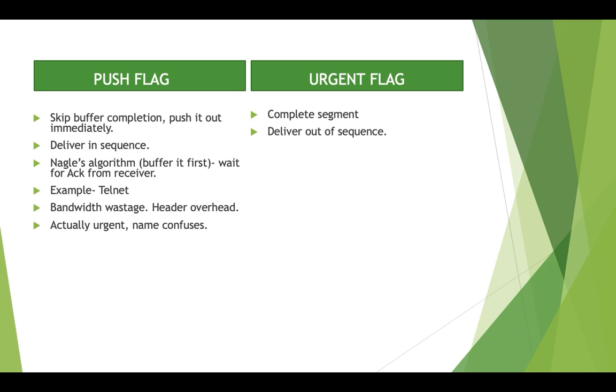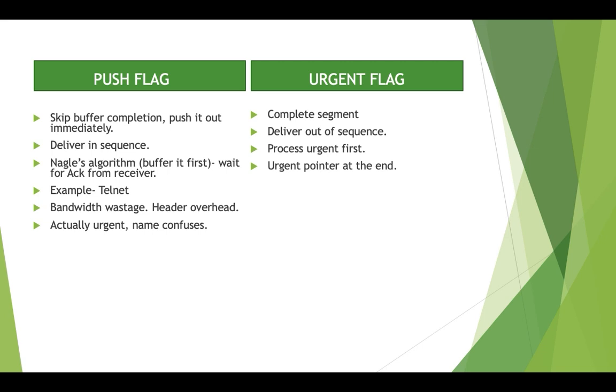So if I make you understand this part, in case of urgent, we don't push the data immediately. We follow the complete protocol. We let the buffer be completed. A segment is created as per the MSS. Then the segment is created at TCP, the fourth layer.